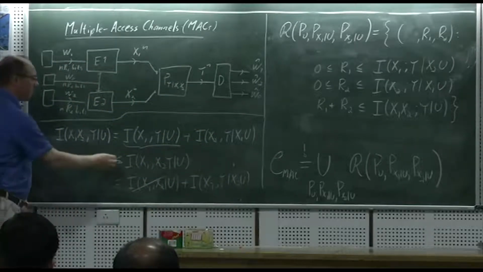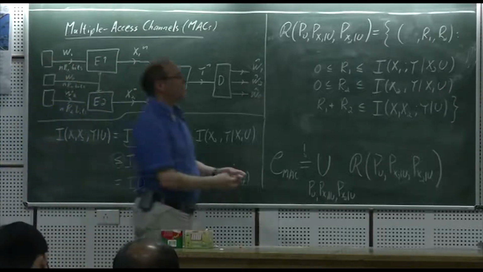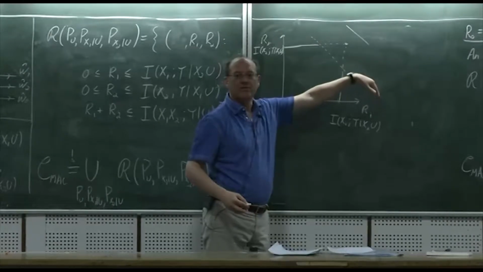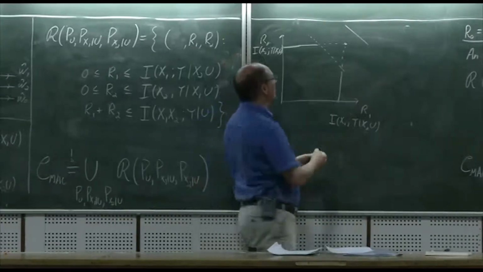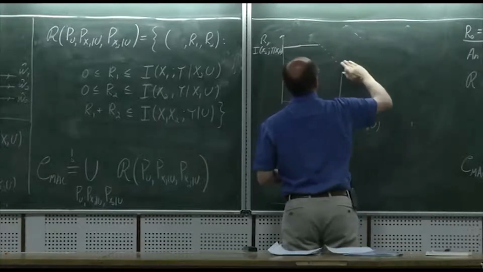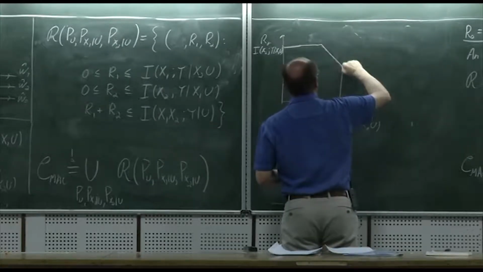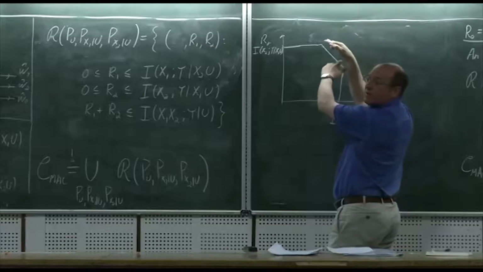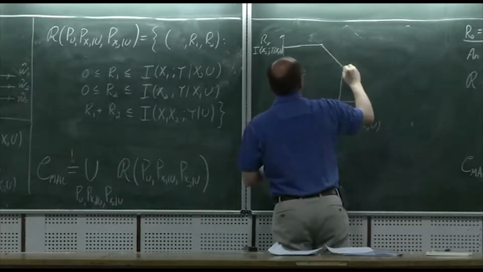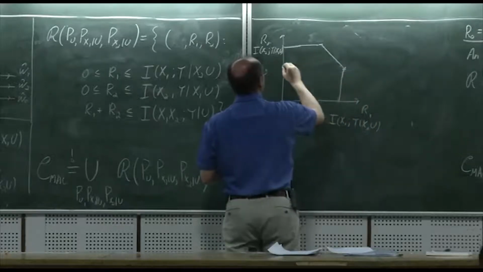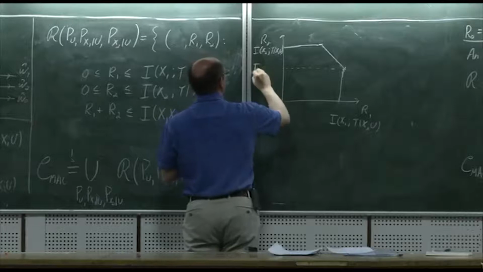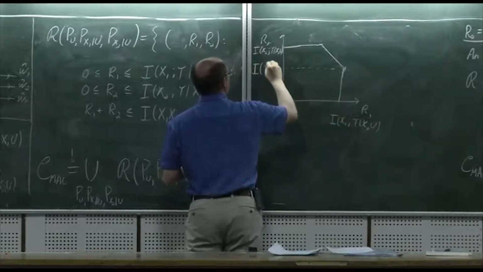Due to that inequality, I will never have the situation that I just get a rectangle and this isn't active. So this region actually is submodular. This bound always cuts here, so we do get a pentagon. It might touch, but it will always be active at least at one point. So this point here is given by the joint minus this. So this is just I(X2;Y|U).